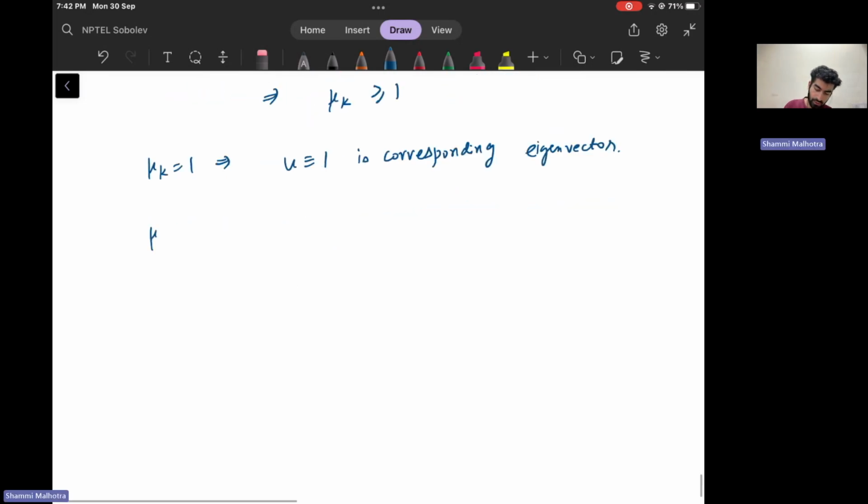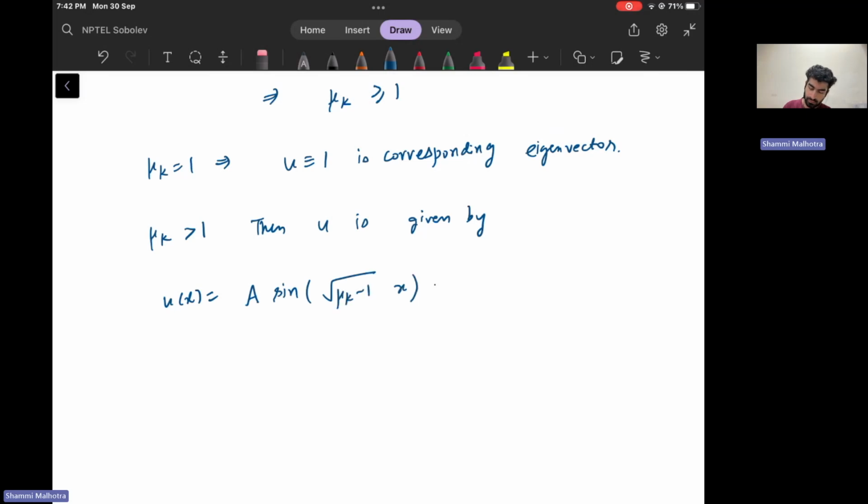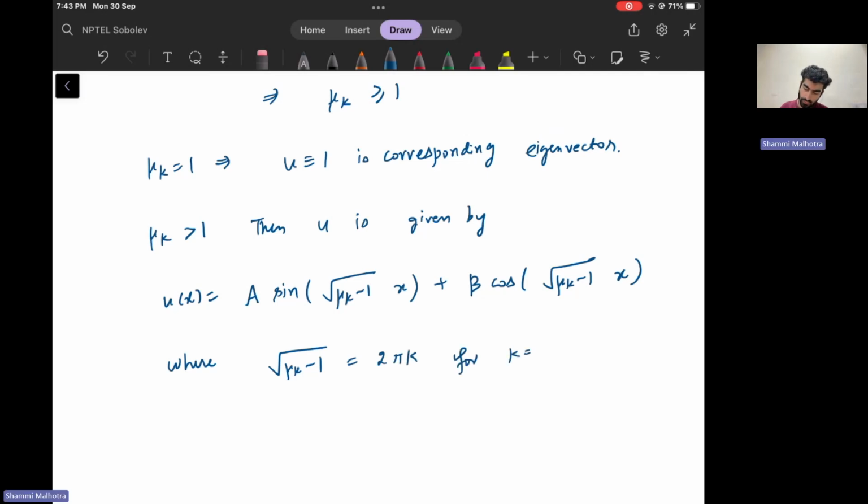And when my mu_k is greater than 1, then again it's a linear ODE. Then u is given by u(x) equal to a sin(sqrt(mu_k minus 1) x) plus b cos(sqrt(mu_k minus 1) x), where sqrt(mu_k minus 1) has to be equal to 2 pi k, for k equal to 0, 1, and so on.